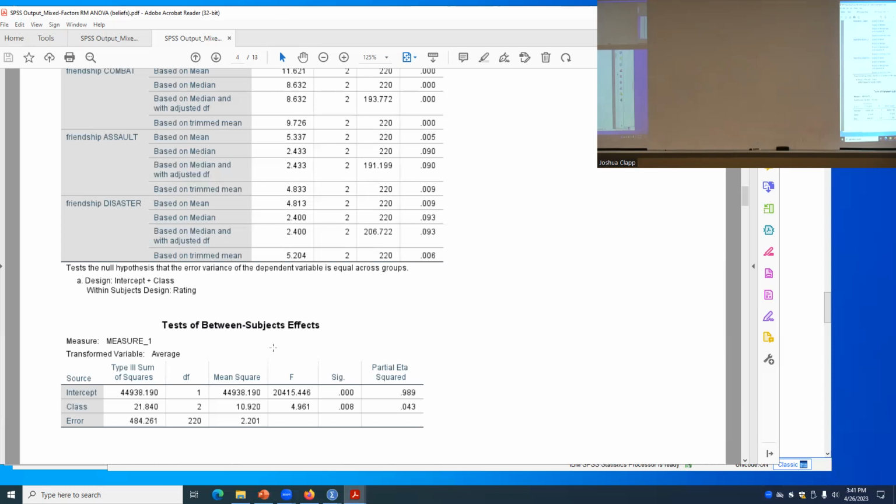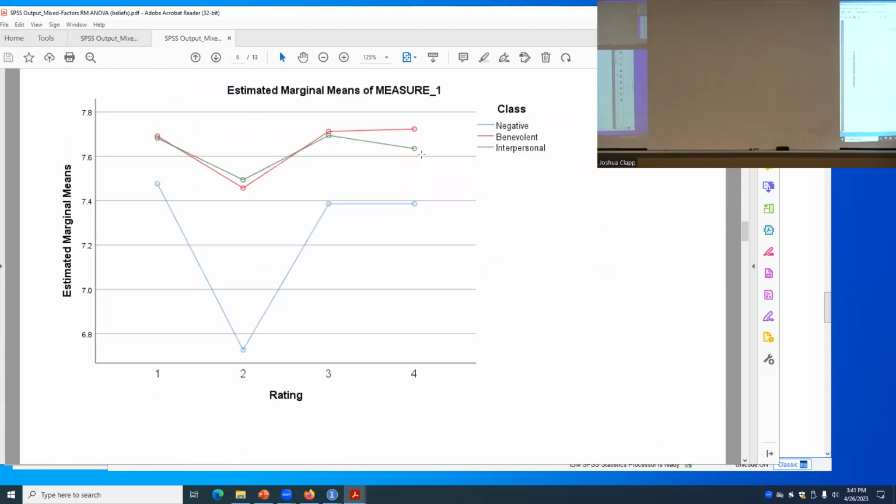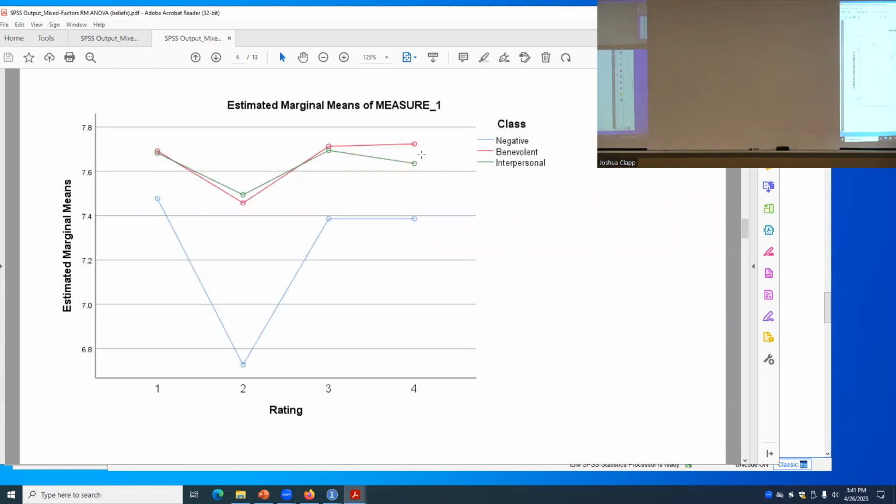Okay. So if we go down through and take a look at what this effect looked like, boy, right? Lindsay, what are we seeing? What are you seeing in terms of just eyeballing this? What might be going on in terms of this interaction effect?